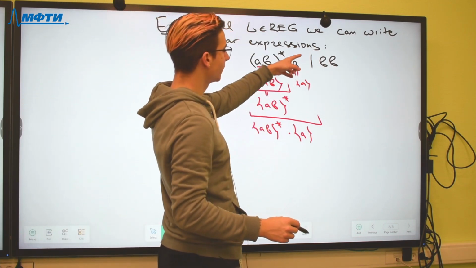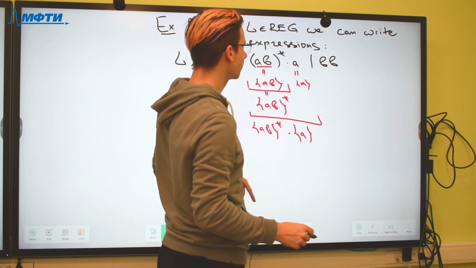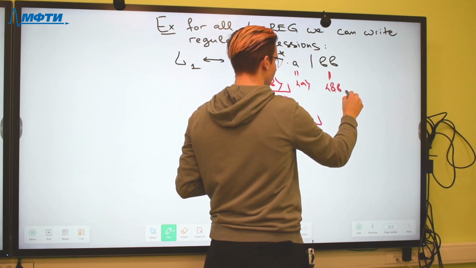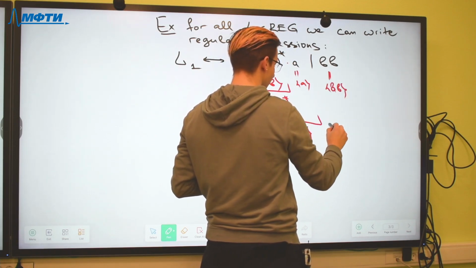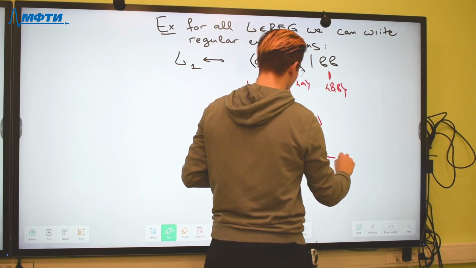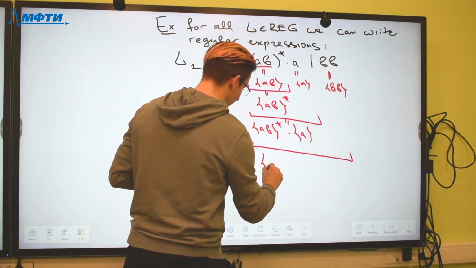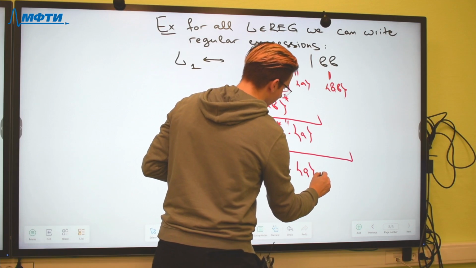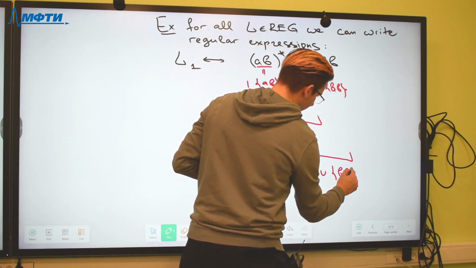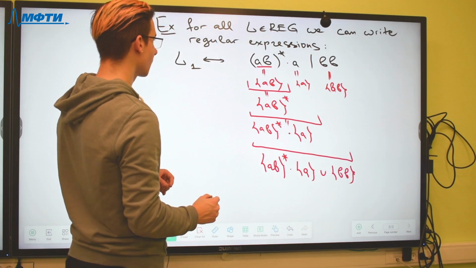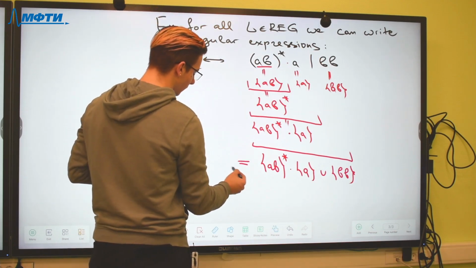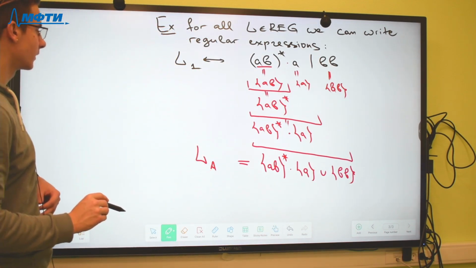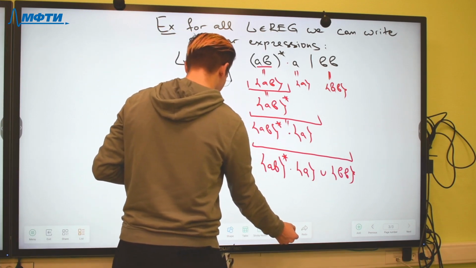And if we write this vertical line, we mean that it is the union of these two languages. So all of these words form the language L with index 1.